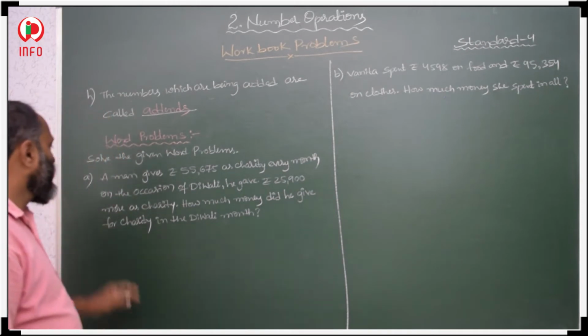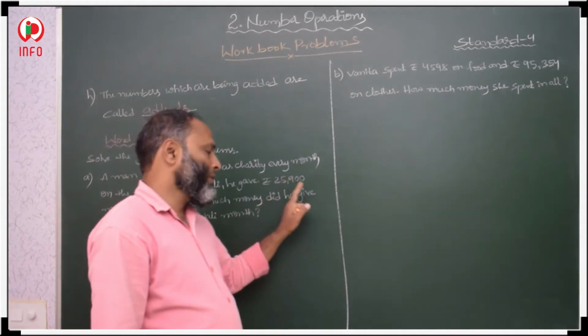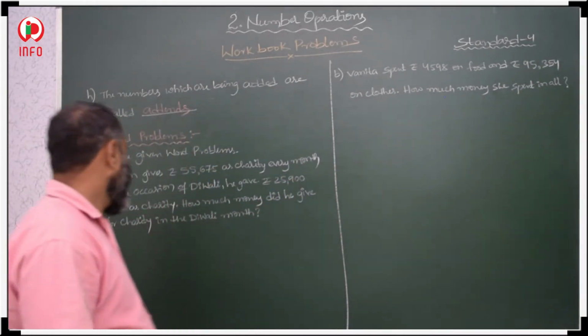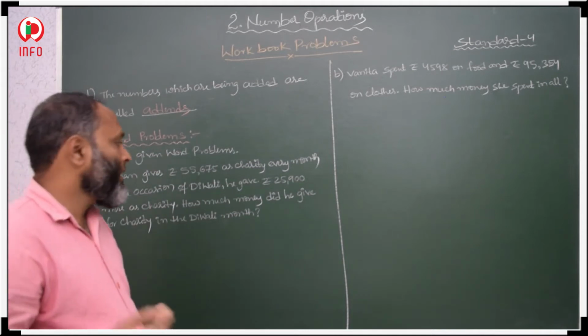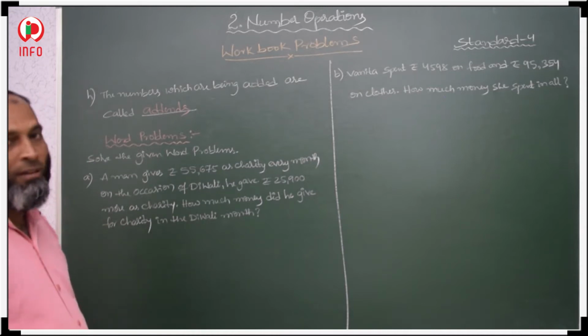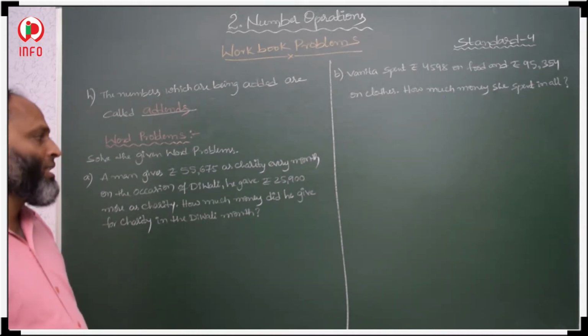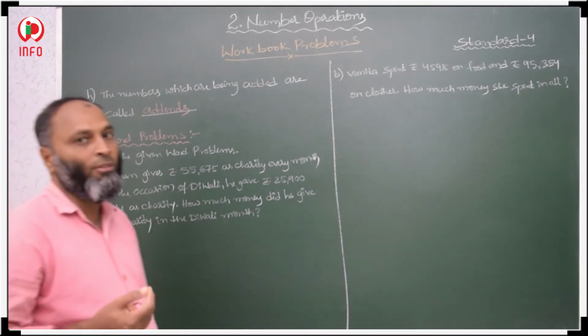Then what happened? On the occasion of Diwali, he gave 25,900 more as charity. So how much charity did he give in the Diwali month? More means we have to add.